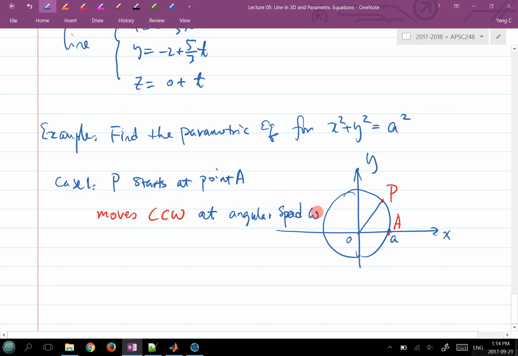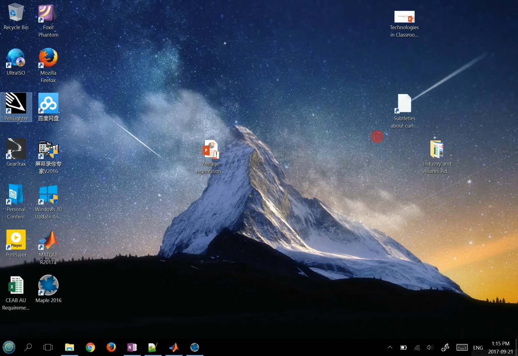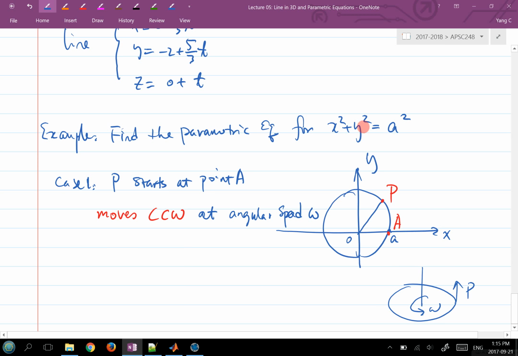So the point P is going in a counterclockwise motion. As you learn in dynamics, it's a uniform circular type of motion. If you look in 3D, this is the axis of rotation, and the point P rotates at angular speed omega. Now we give a specific physical meaning to this curve, instead of just x squared plus y squared equal to a squared.